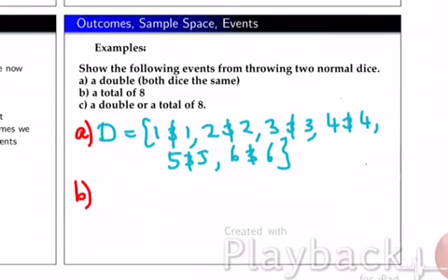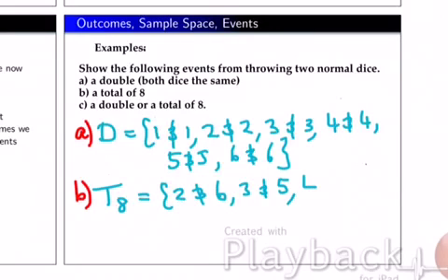Part B. This time we're trying to add up a total of 8. So when I roll 2 dice, the numbers that are facing up both add up to 8. So I'm going to call it T8. The outcomes for that are I can have 2 and 6. I could have a 3 and a 5.